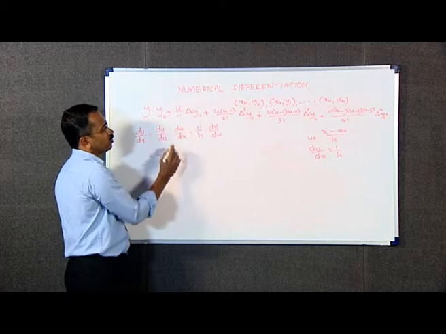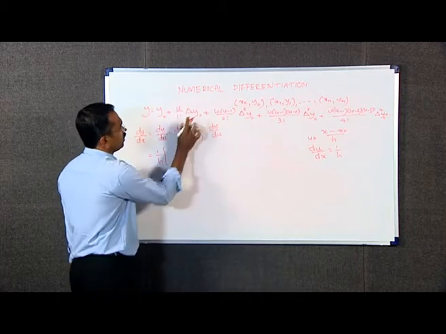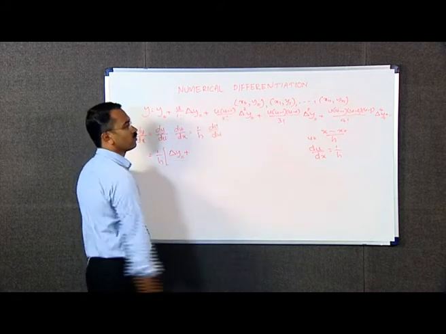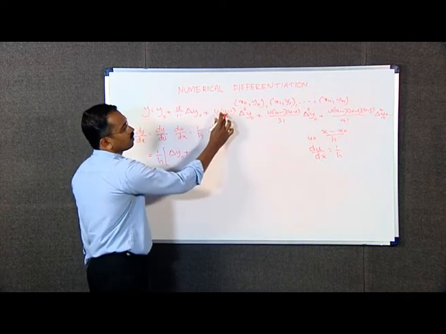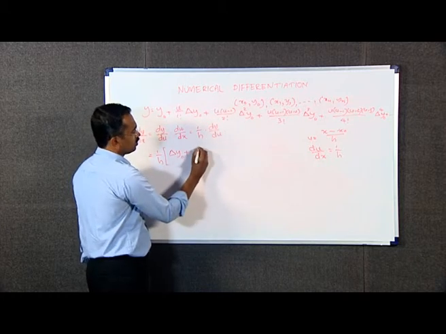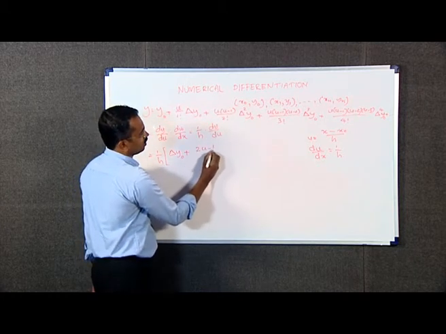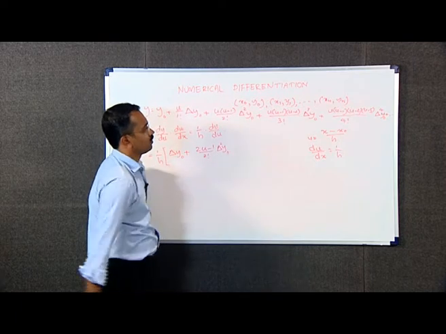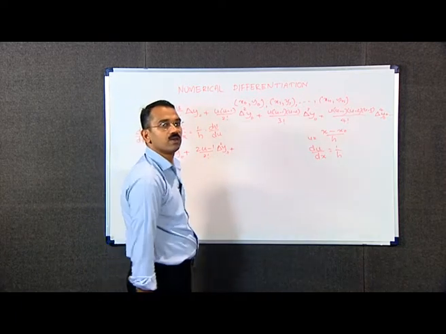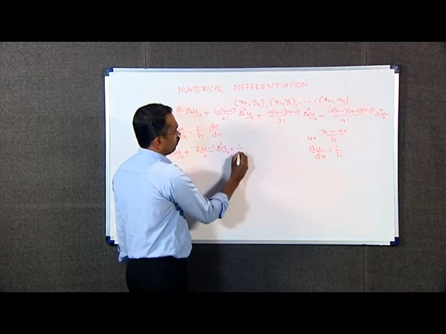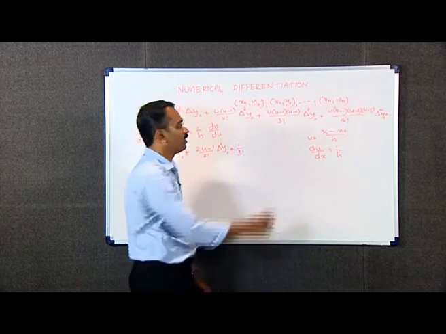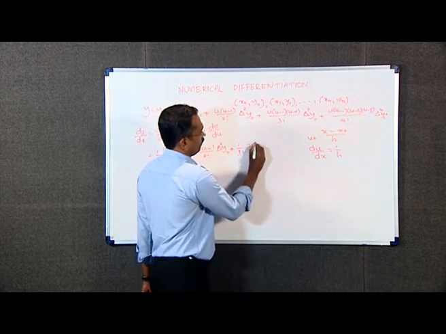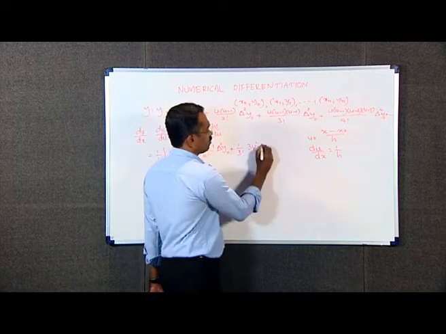Here the derivative of u is 1, 1 by 1 factorial is 1 itself, delta y naught is a constant, plus here u square minus u, the derivative of u square is 2u minus the derivative of u, which is 1, that is 2u minus 1 divided by 2 factorial into delta square y naught plus 1 by 3 factorial into, here for the derivative we use the product rule, and obtain 3u square minus 6u plus 2.